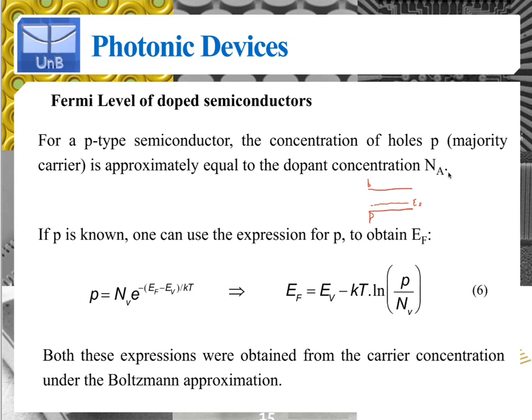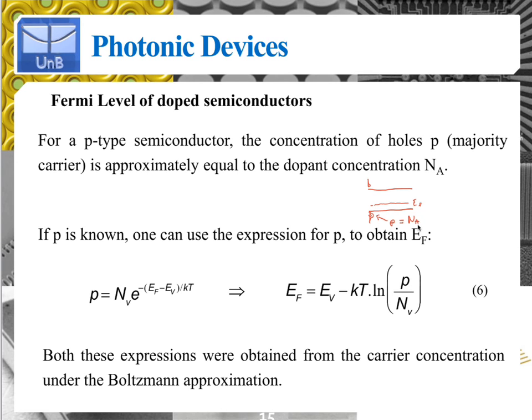So you can take P, the carrier concentration for holes, which is the area under the curve as we've discussed, to be equal to the amount of acceptor impurities that you've added.